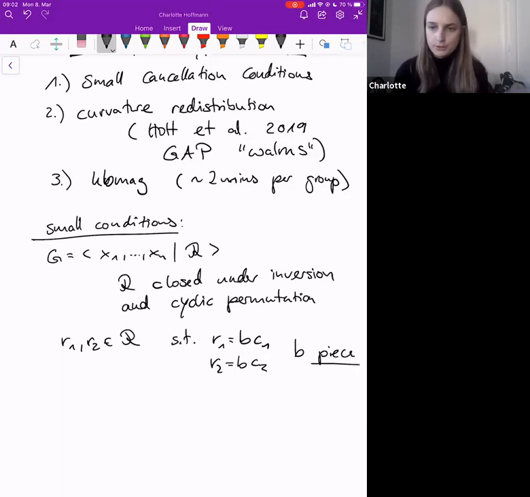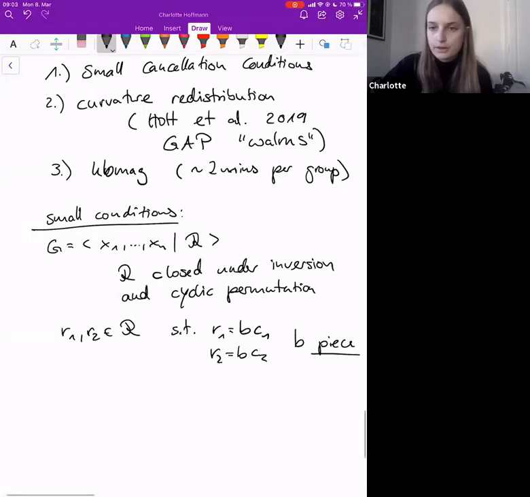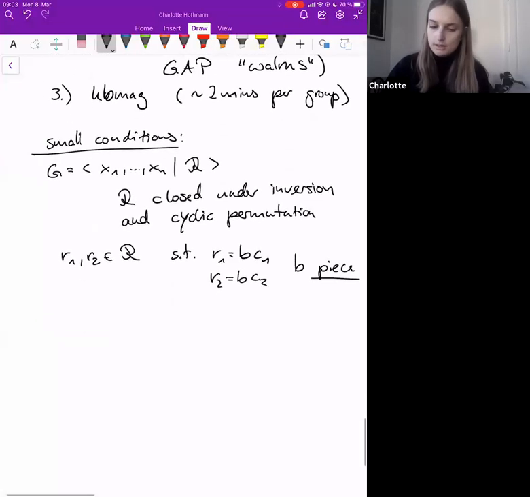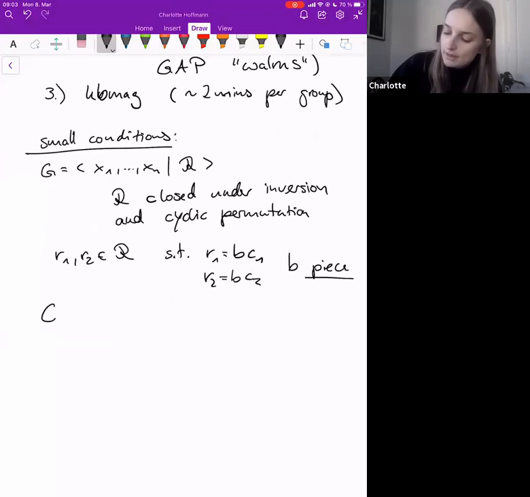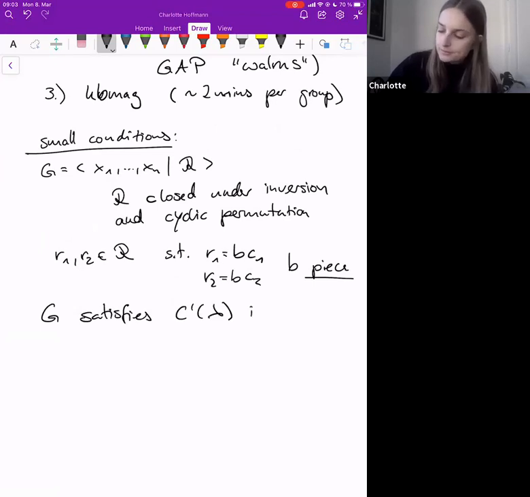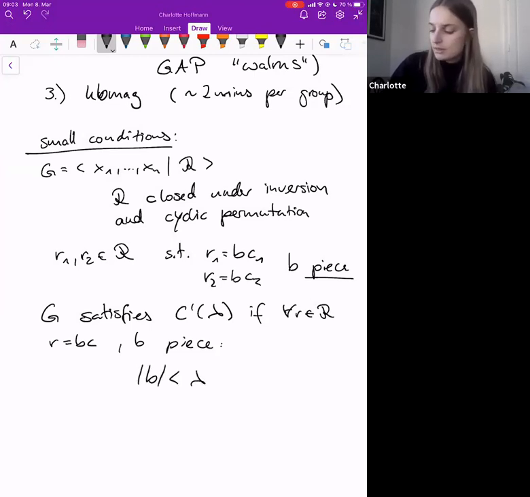So a piece is just a subword that occurs in multiple elements of this curly R. And then we say that the group G satisfies C prime lambda if for all of the elements in here that look something like this, where B is now a piece, we want that the length of the piece is less than lambda times the length of the relator.